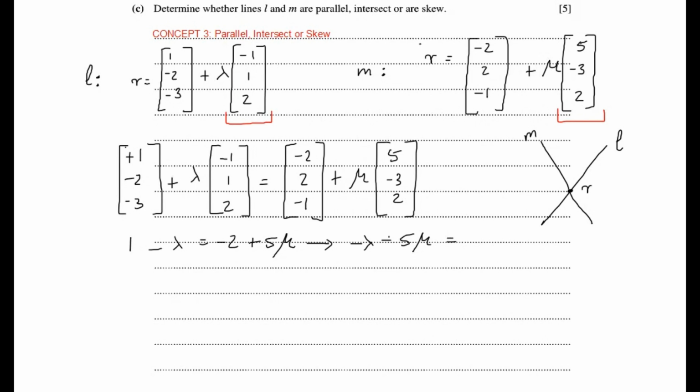That's the first of my equations. Now I take the second row, so negative 2 plus lambda is equal to 2 minus 3 mu. If I neaten that out, I get lambda plus 3 mu is equal to 4.